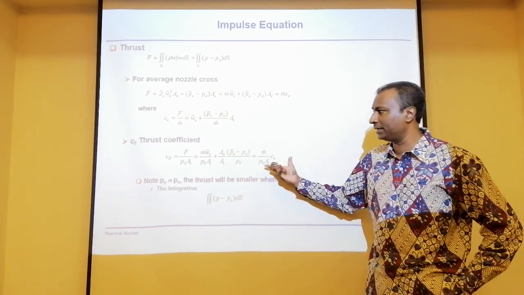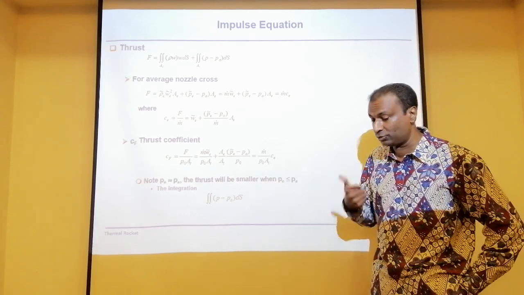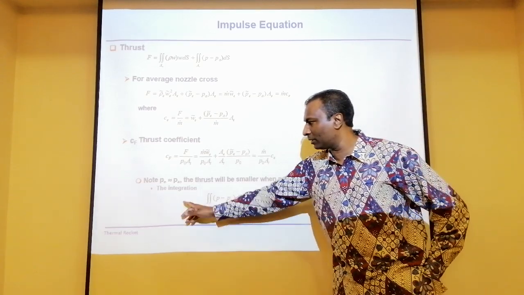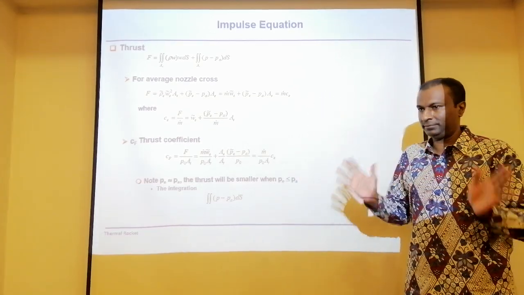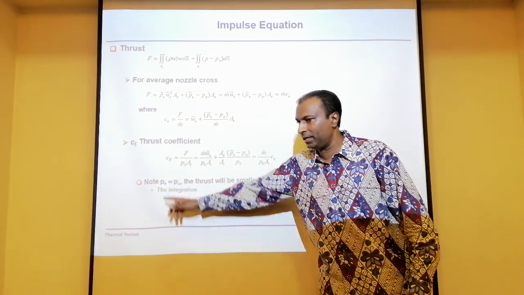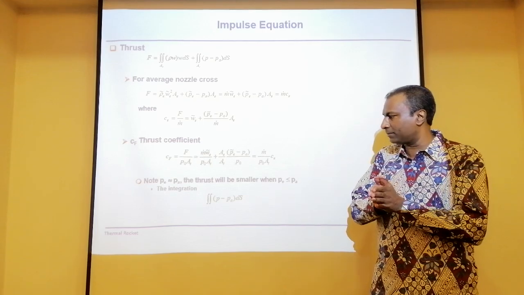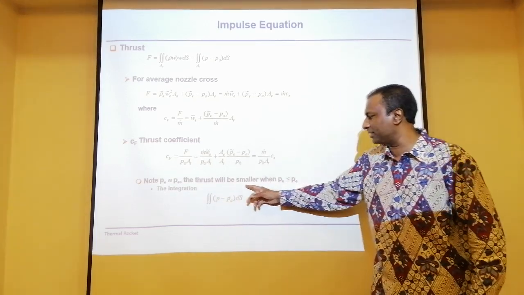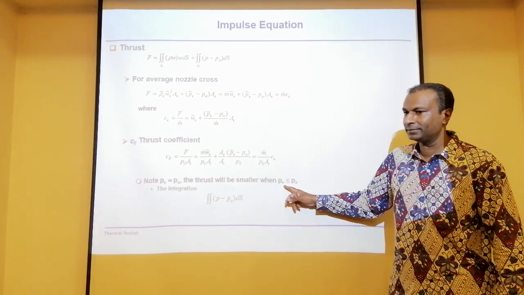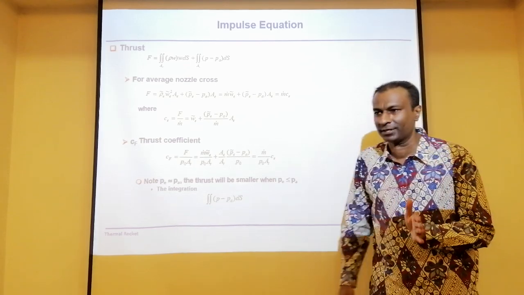Alright, but in order for you to look at the thrust coefficient or rather calculate that, you must know the actual chamber pressure and the throat, right? The cross section of the throat is important. Alright, this is an ideal case. If PE, the exit pressure, is equivalent to the atmospheric pressure, okay. The thrust will be smaller when PE, that means exit, is lesser than the atmospheric pressure.